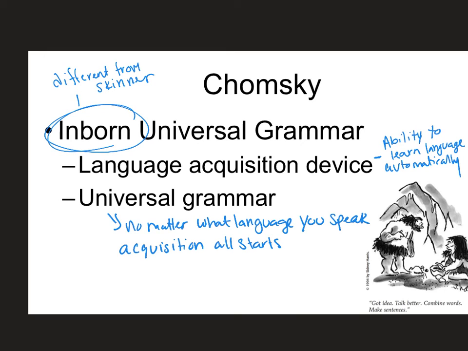Meaning that we all start with mimicking the sounds of the vowels and letters that we hear being spoken to us. And that's the same across no matter what language it is. All kids kind of learn language in that same format.